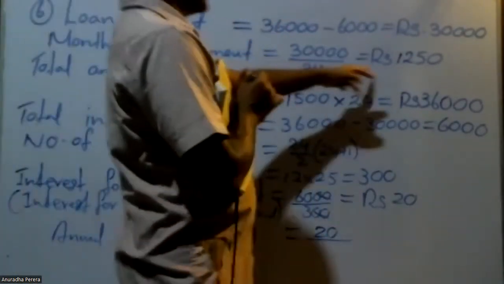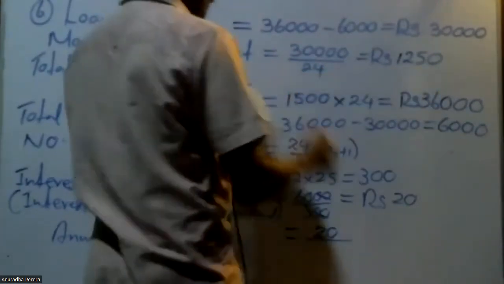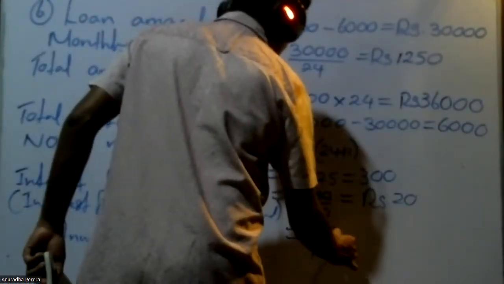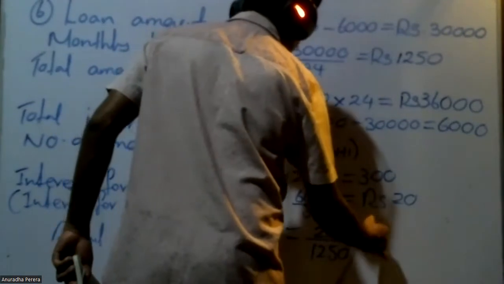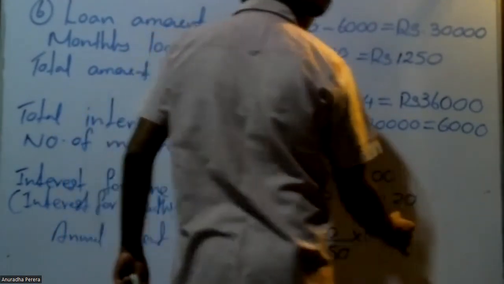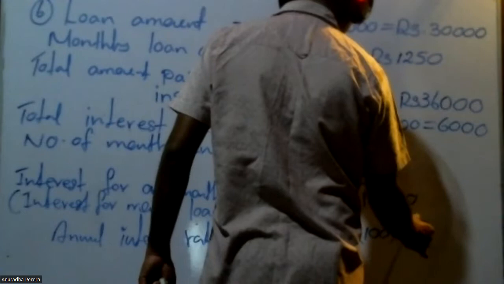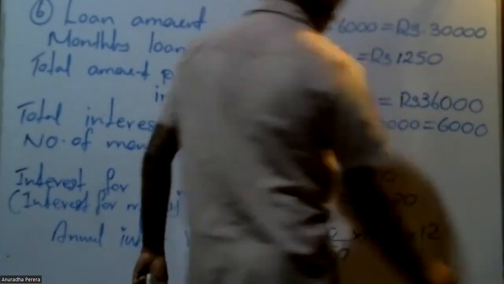Monthly loan amount is 1,250. This has to be multiplied by percentage 100, and to represent annual interest rate, this has to be multiplied again by 12. This gives the answer.